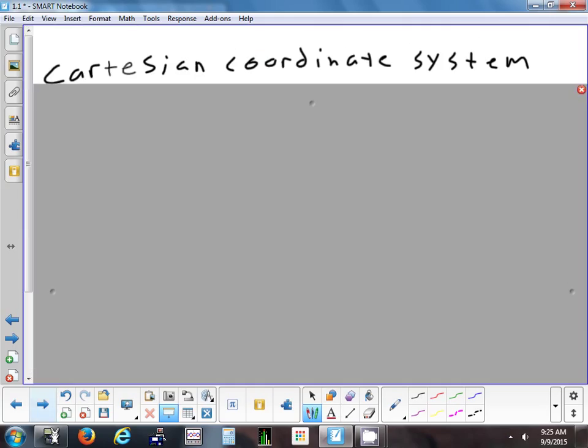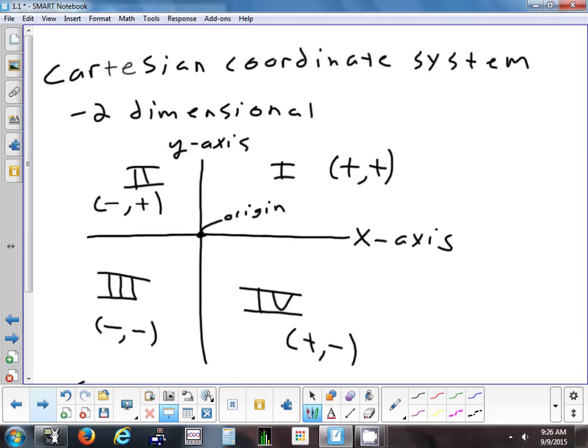All right. So next thing is we're going to take our number line and extend it into 2 dimensions. Okay, that gives us the Cartesian coordinate system. Once we extend that number line into 2 dimensions, now we have an x-axis, which is horizontal, and a y-axis, which is vertical.